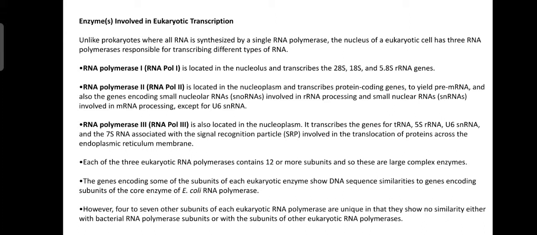What about the second enzyme, RNA polymerase 2? It will transcribe the protein coding genes to yield pre-mRNA, and also the genes encoding small nuclear RNA involved in mRNA processing.